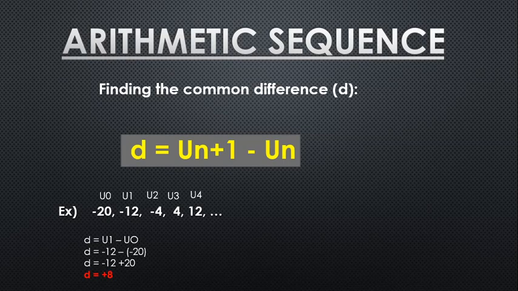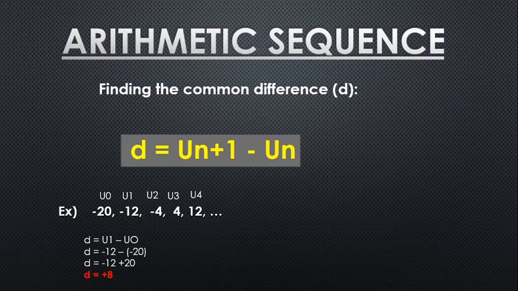So, the first step that you have to do in order to find D is to take two consecutive terms. Look at two consecutive terms. In the second step, all you have to do is subtract these two terms that you took in a way that you subtract the next term minus the term before it.